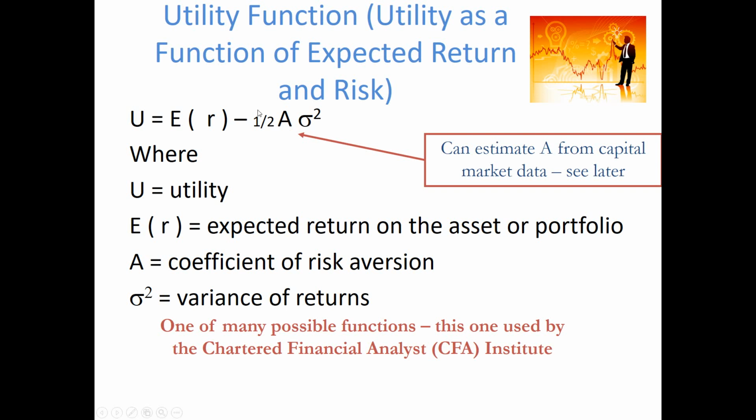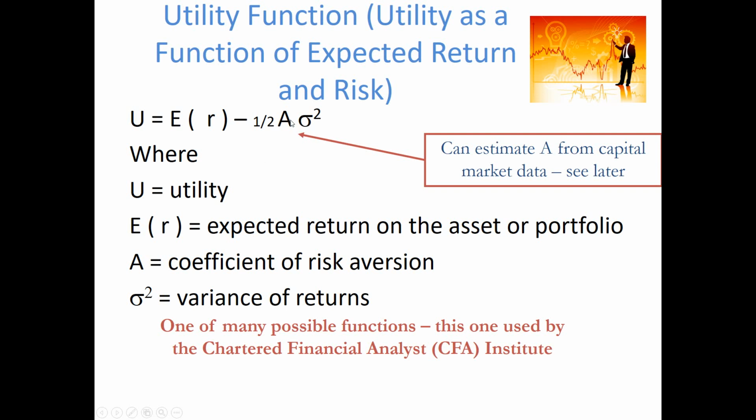An A of 0 will mean that the investor is risk neutral, as we know that risk neutral investors don't actually consider risk. For example, if A is 0, this part will turn to 0, so utility will only depend on expected return. So the investor will get higher utility for higher expected return.